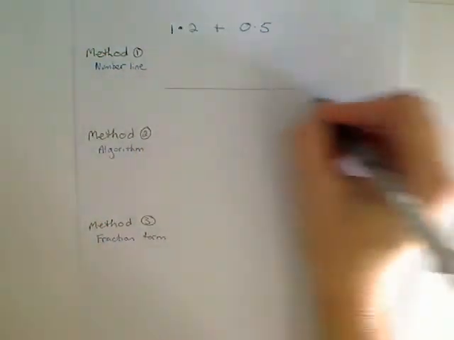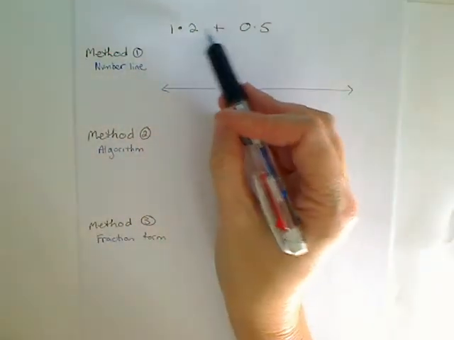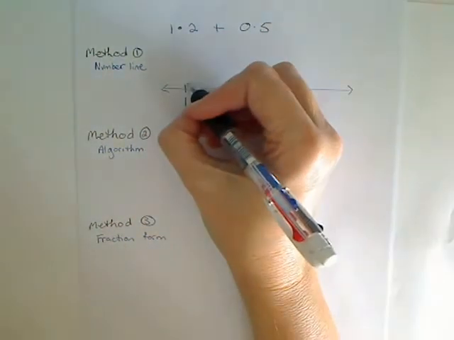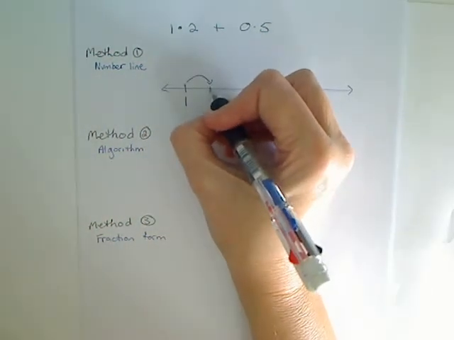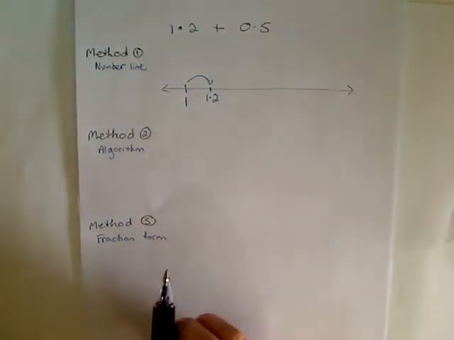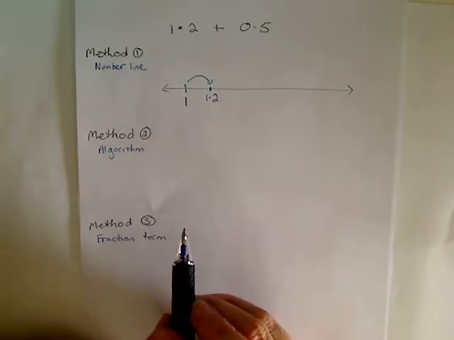On the number line, I'm starting at 1.2 and I'm heading to the right, so I'll start with 1 here. And I'm using an unscaled number line this time, so I'm not going to mark in all of the scales because it gets a bit tiresome and we need to move beyond that eventually.